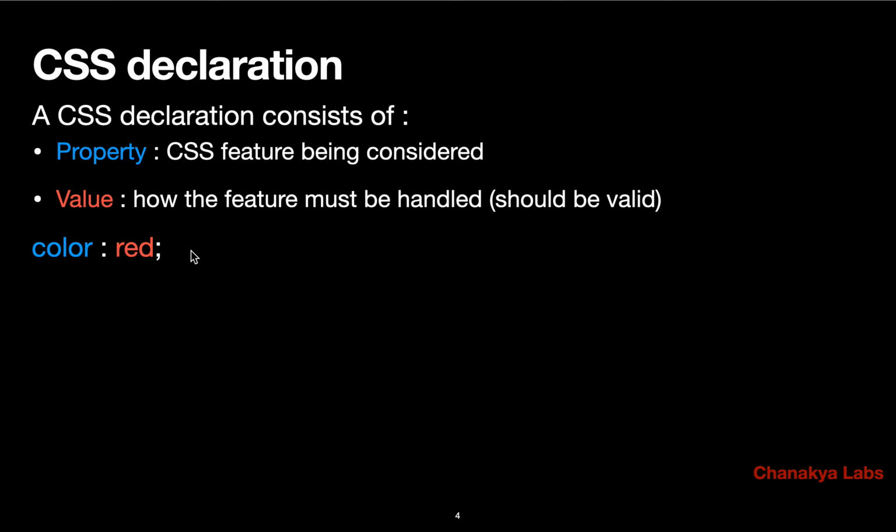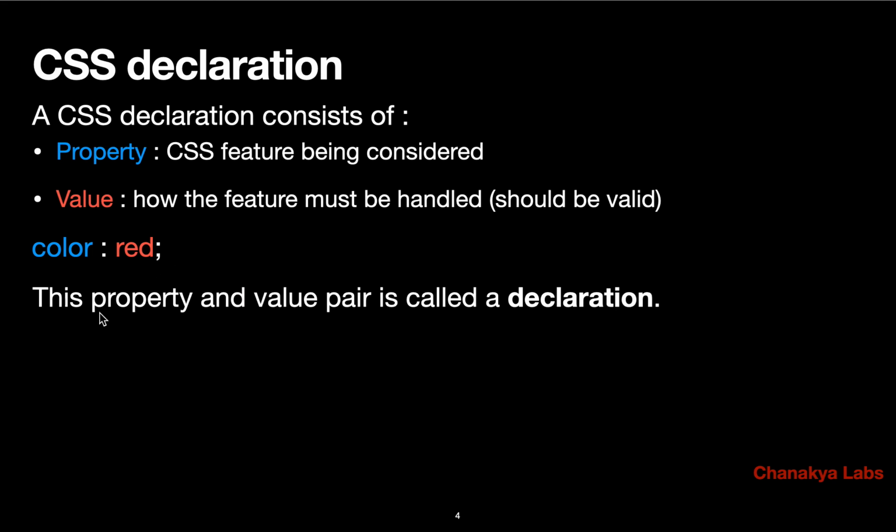But if I say font size 10 pixel, then it makes sense what you're trying to say. So the values depend on the property and its data type should match, and if it is not matching, then the browser is going to say that it is invalid.